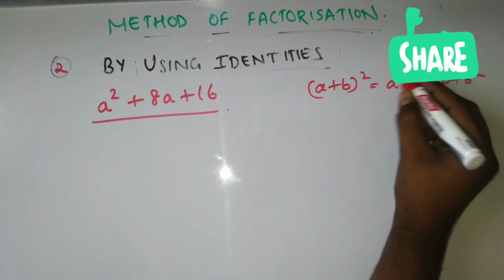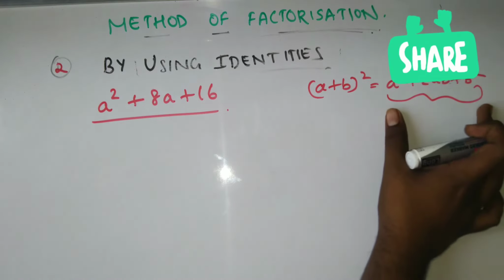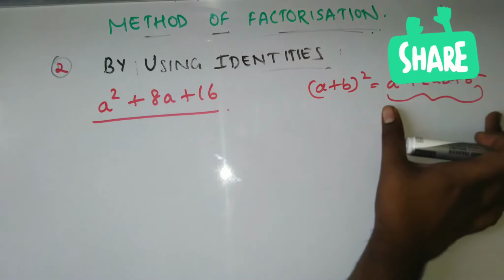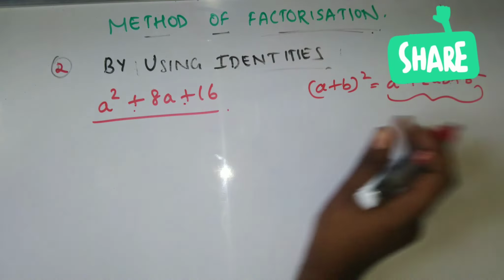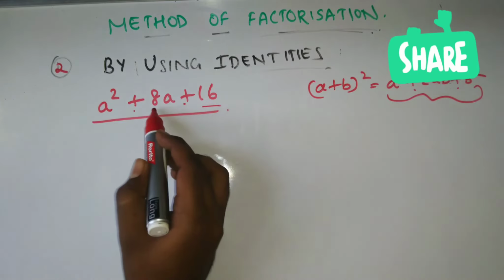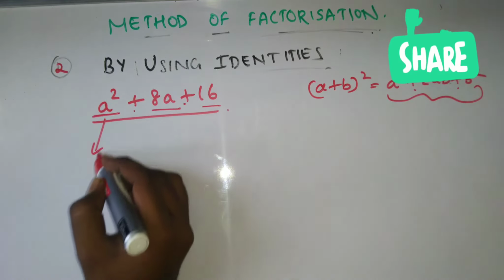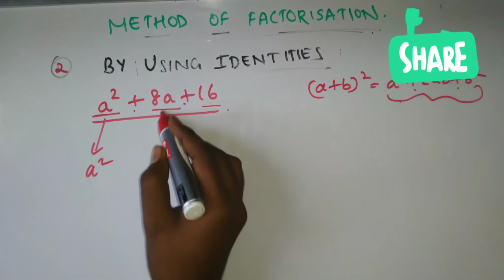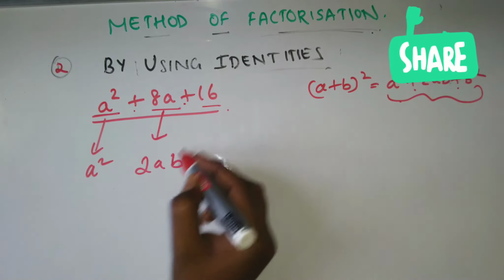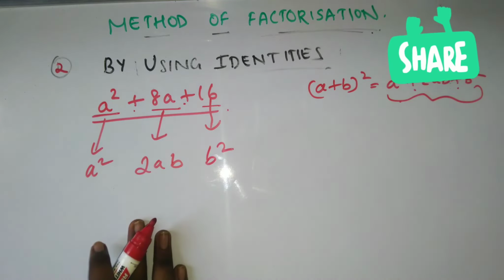Comparing this and this, the plus sign is there here also. So this is a square, this is 2ab, and this is b square in the identity, correct?